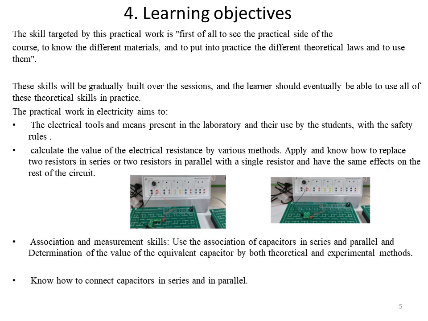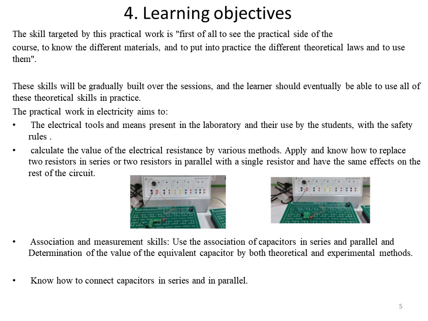So finally we have association and measurement skills. Use the association of capacitors in series and parallel and determination of the value of the equivalent capacitor by both theoretical and experimental methods. So the objective here, we will calculate the values of capacitors in the theoretical part.